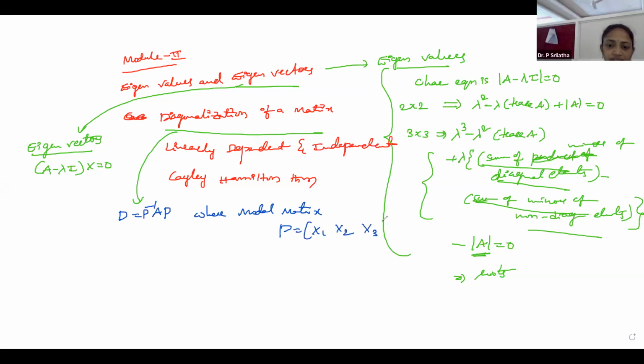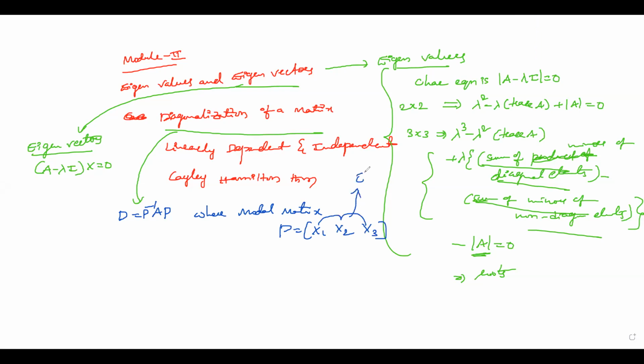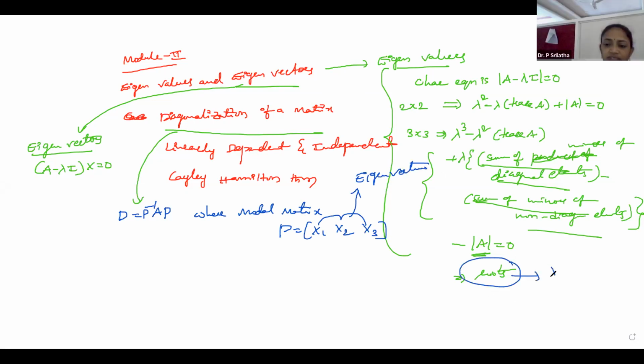What about X1, X2, X3? These are the eigenvectors, and they should be written in columns. These three columns are nothing but eigenvectors. And these are the eigenvalues: if it is 3 by 3, you will get lambda 1, lambda 2, lambda 3.